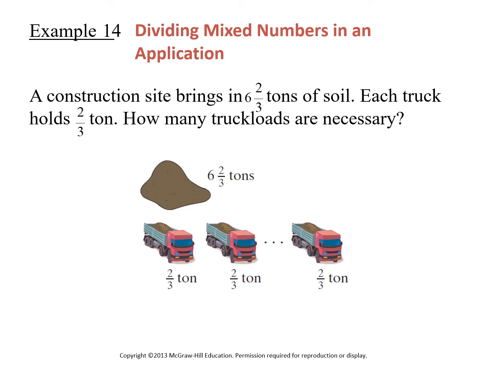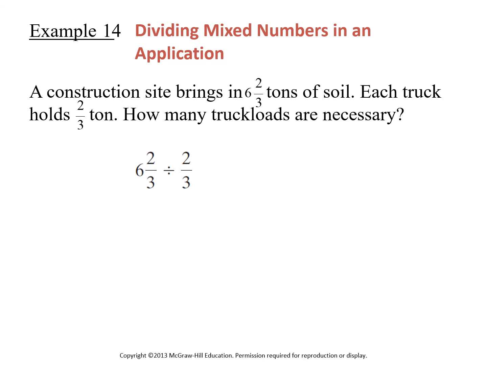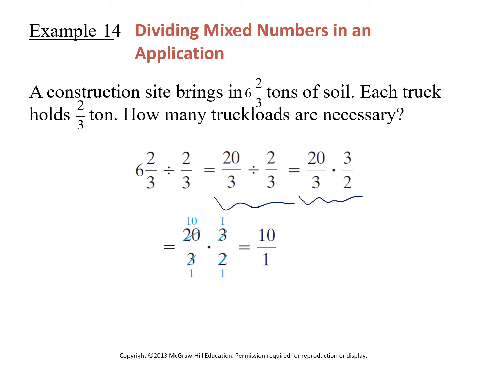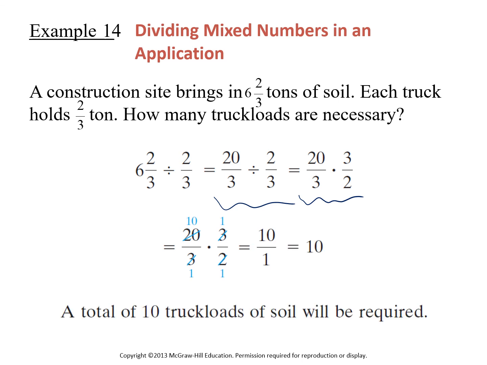So this is division, and we start with the total 6 2/3, and we divide by the quantity each truck can hold, 2/3, and we have to again change to improper fractions. Then we will keep, change and flip and do our multiplication, and we end up with 10/1 or 10 truckloads.